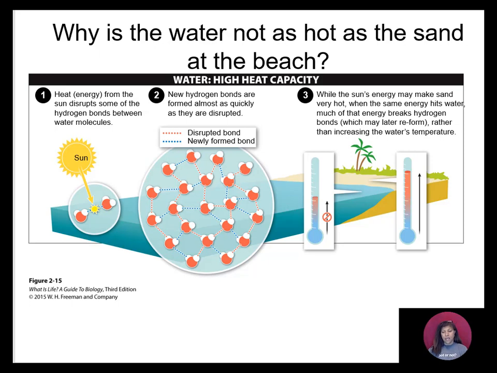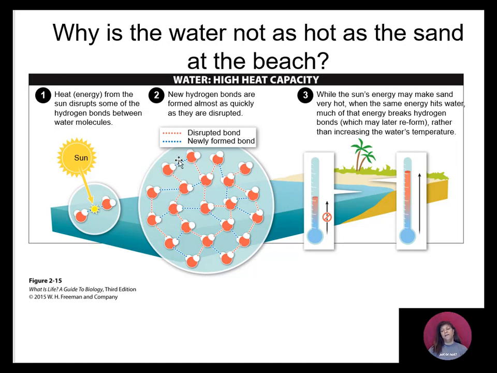Here's why. As a photon of light, an energy particle, we'll talk more about that later when we get to energy, comes down from the sun, it hits that hydrogen bond between two water molecules and it breaks it. And when you break a bond, you release energy.